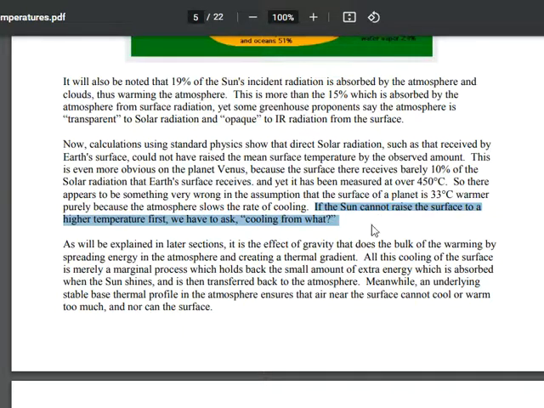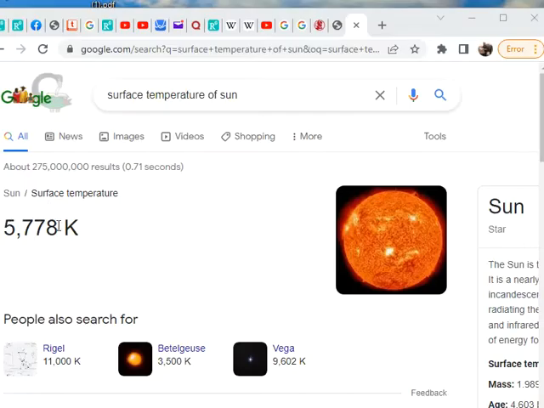The equilibrium temperature of the sun, if the Earth and Sun reached an equilibrium temperature, would be around 5,700, 5,800 Kelvin. 5,778 Kelvin. So if we had a perfect greenhouse effect, if the Earth let in all the energy from the sun and let out nothing, this is the temperature we'd be looking at, 5778 Kelvin.